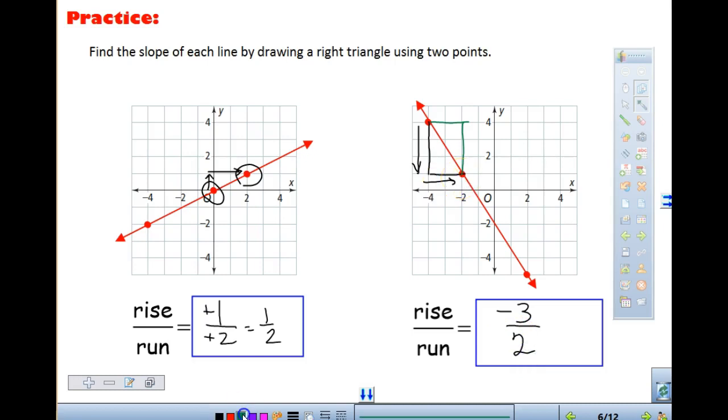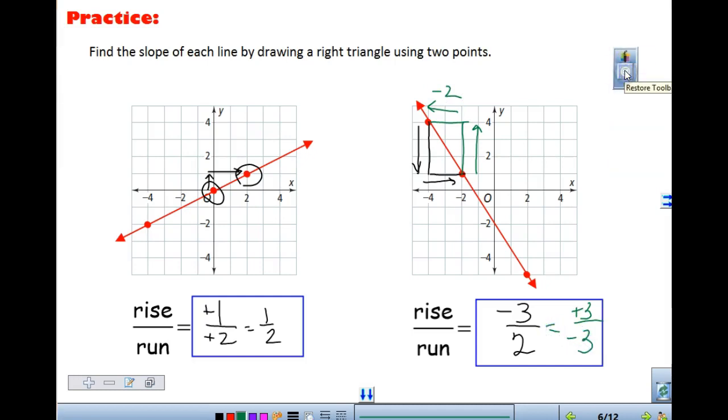Now, if I look at this triangle in green, someone says, oh, I'm going up 3. So could I write it as a positive 3? And then you go back 2. That's going to be a negative 2. Are these the same? Are these exactly the same? This negative 3 over 2, positive 3 over negative 2.